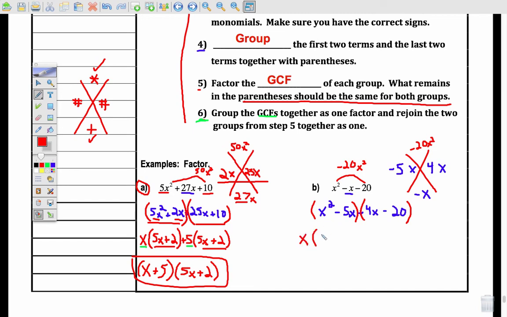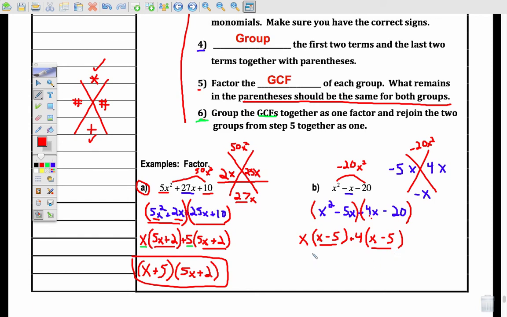We can take an x out, so that's going to be x times, to get x squared is x. To get negative 5x would just be minus 5. Over here, we can take a 5, or not a 5, a 4, because that's 4 and 20. The only thing they have in common is the 4. It is positive. So that's going to be x, because 4 times x gives me 4x. 4 times negative 5.